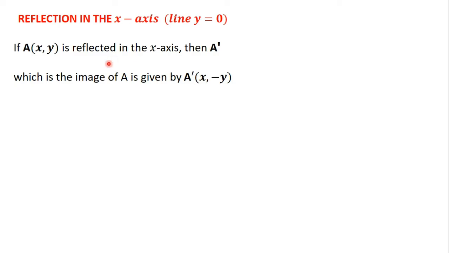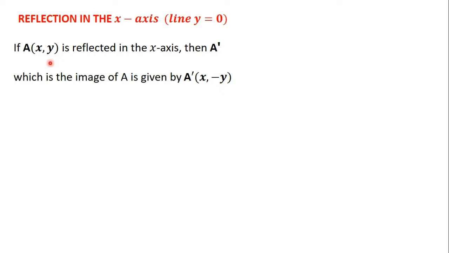Okay, so let's go back to our point. It says that if we have a point A with coordinates (x, y), and it's reflected in the x-axis or the line y is equal to 0, then A prime, which is the image of A, is given by A prime with coordinates (x, -y).